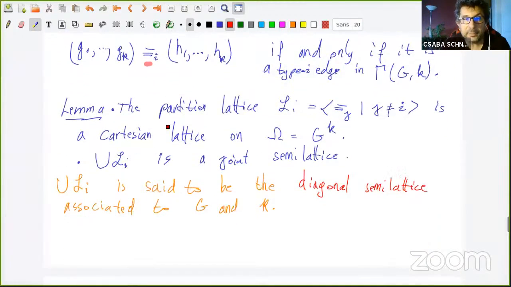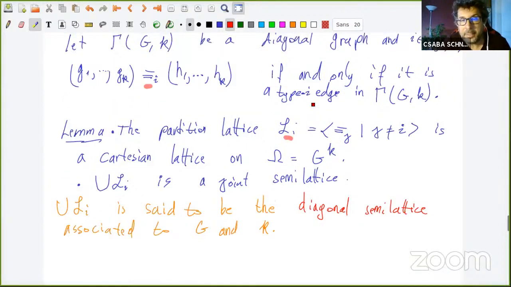And I can consider the partition lattice generated by, so L_i is the partition lattice generated by these partitions that correspond to this equivalence relation for each j except j equals i. So I get k plus 1 partitions, and I can consider the partition lattice generated by k of these k plus 1 partitions.